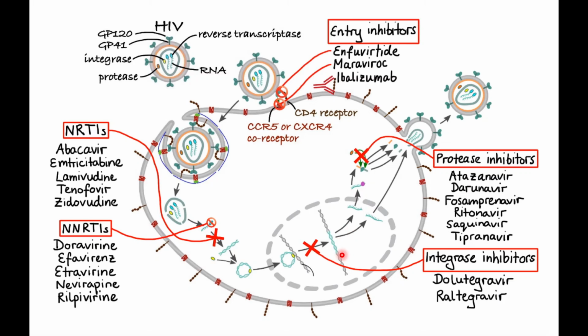This way the human transcription and translation apparatus is used for the synthesis of the viral proteins, including the viral RNA, and then these proteins are covered with the capsid and budded off from the cell the same way as influenza virus.